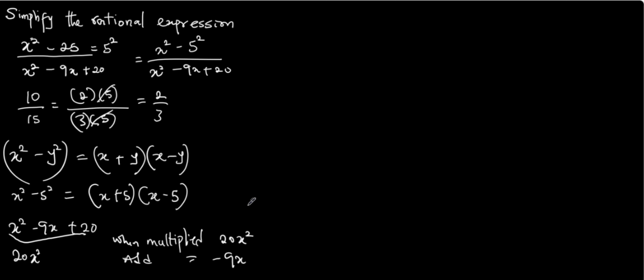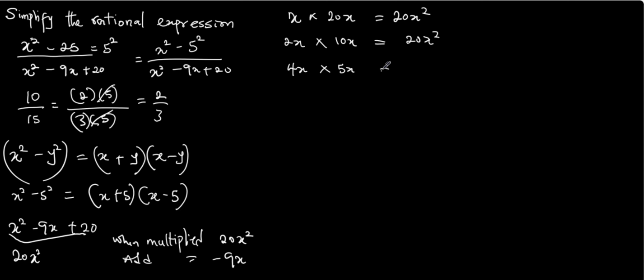That is two numbers that you multiply to get 20. Starting from 1, we have 1x, which is x, times 20x, which gives us 20x squared. Now, 2x times 10x will also give us 20x squared. 3x can't. So the next one is 4x times 5x, which will also give us 20x squared. These are all the factors of 20, all the numbers that can multiply themselves to give us 20x squared.